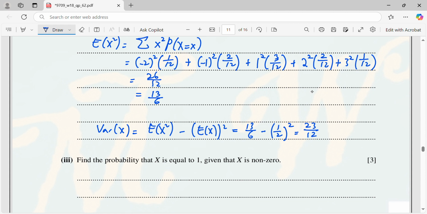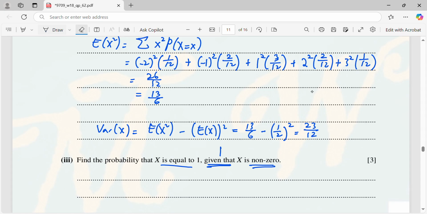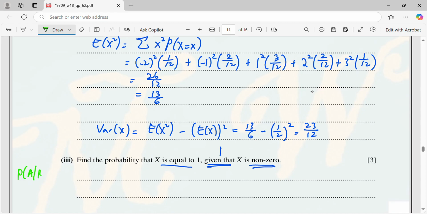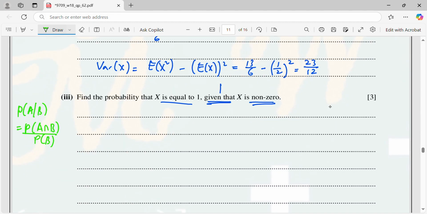Now part 3, find the probability that X is equal to 1, given that X is non-zero. Given that means conditional probability. So for information, for conditional probability, we are going to use this formula. P(A given B) equals P(A intersect B) over P(B). Okay, that means now I rewrite the question.